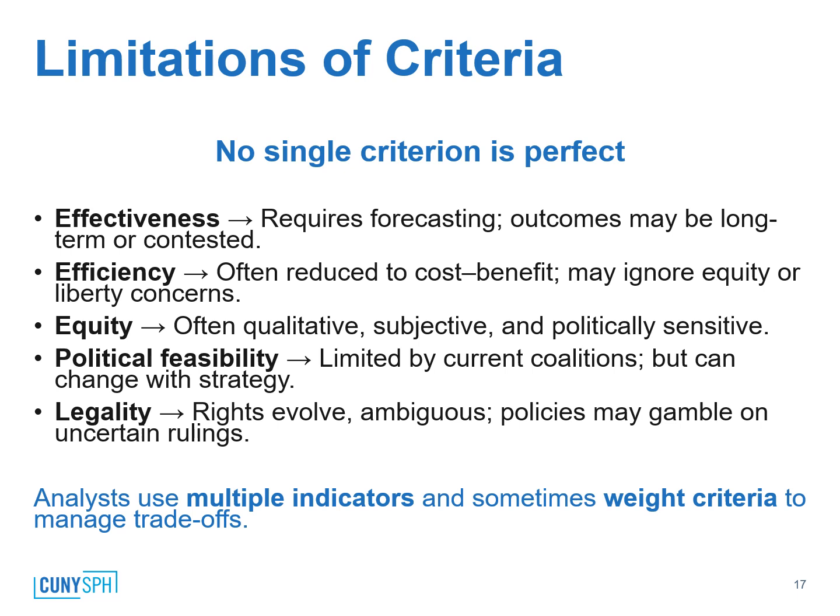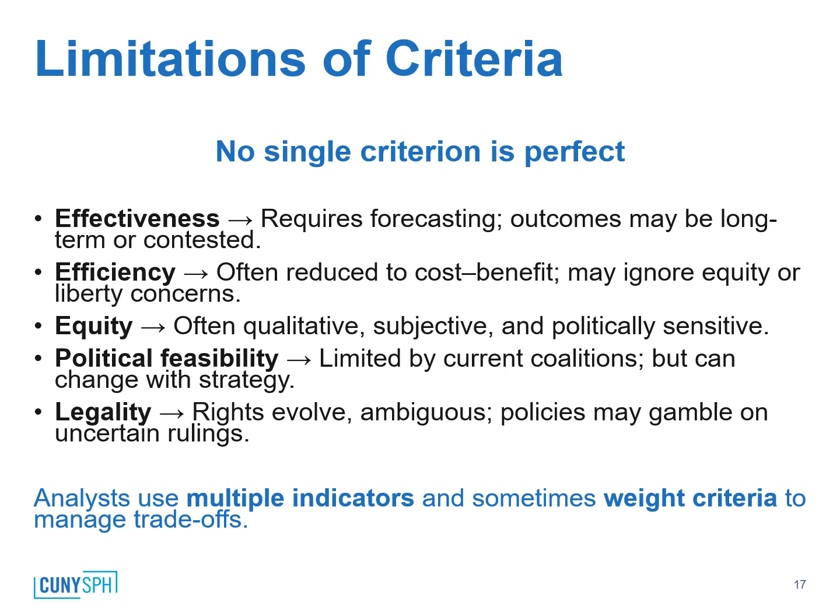Political feasibility depends on current coalitions and their preferences. What looks impossible today may become valuable tomorrow with strategic framing or shifting stakeholders. Finally, legality is never fixed. Rights evolve, and legal interpretations are often ambiguous.